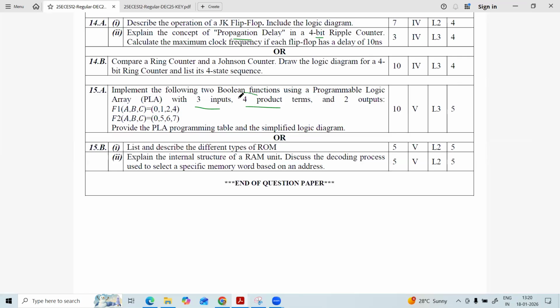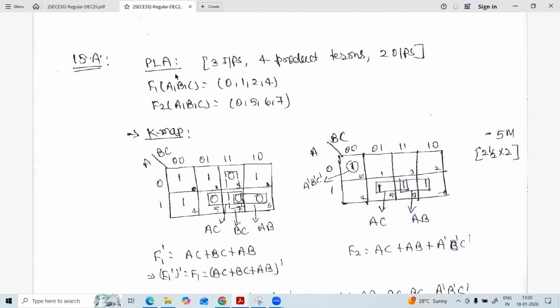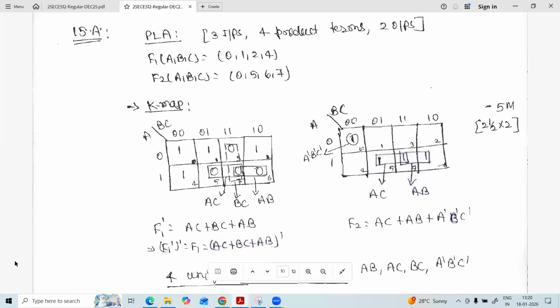And the main point is that they are talking about 4 product terms, meaning 4 unique product terms we have to obtain. We are going to see in the solution how we get 4 unique product terms, then you'll understand your mistake.